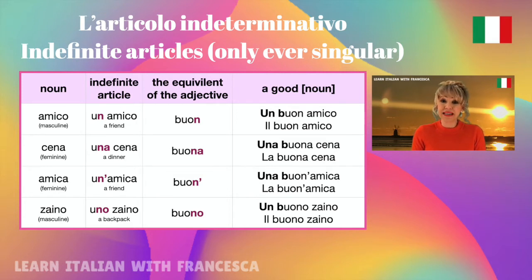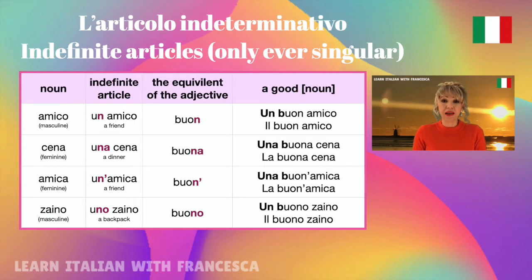Cena, dinner. The indefinite article for cena would be una cena. The adjective would be buona. And so we have una buona cena, a good dinner.